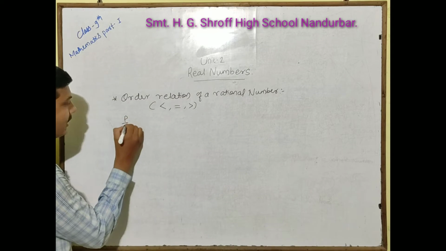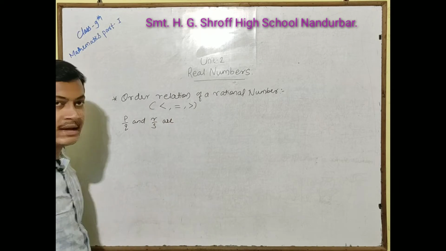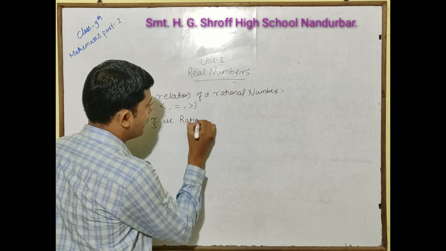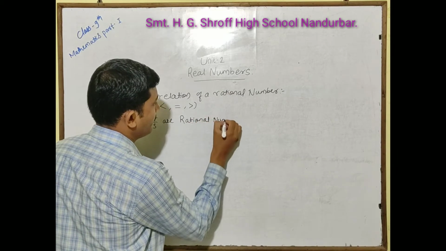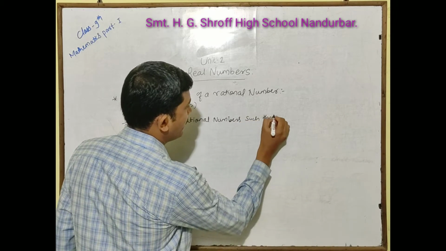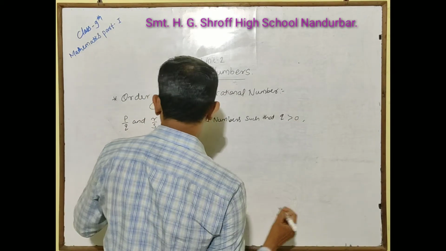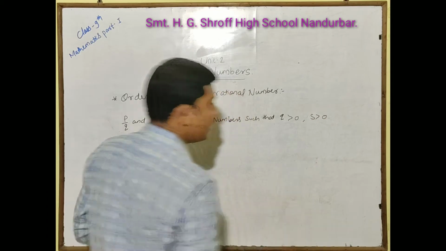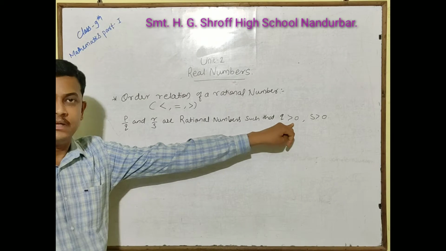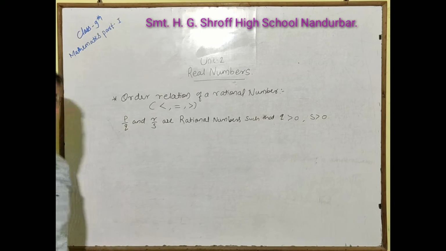If p upon q and r upon s are rational numbers such that q, the denominator, should be greater than 0. If it is equal to 0, then such a number does not exist. So we have restricted here, or the condition is applied, that the denominator should be greater than 0.